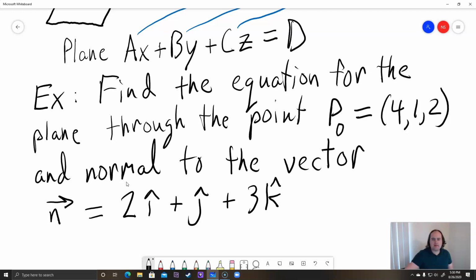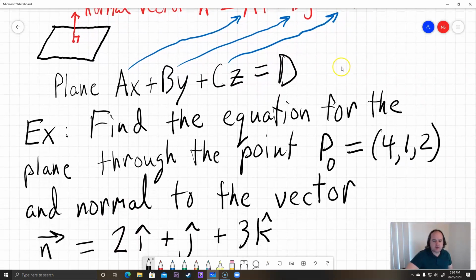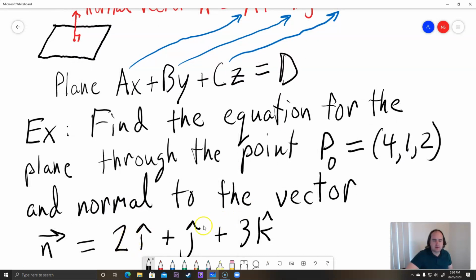So actually all we have to do here is use this information I wrote up here. Okay, so they already gave us the normal vector. The normal vector is 2i plus j plus 3k. Okay, and then we have to plug everything in.